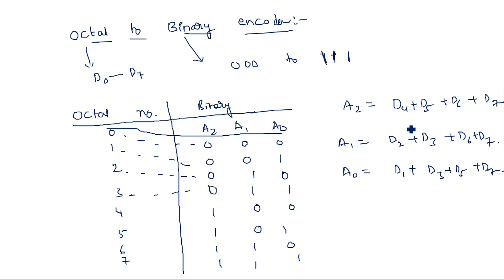If you observe carefully, we don't have D0 in any of these cases, but D0 is there in the given octal numbers. So D0 is most commonly considered a don't care. So here we have 3 OR gates.